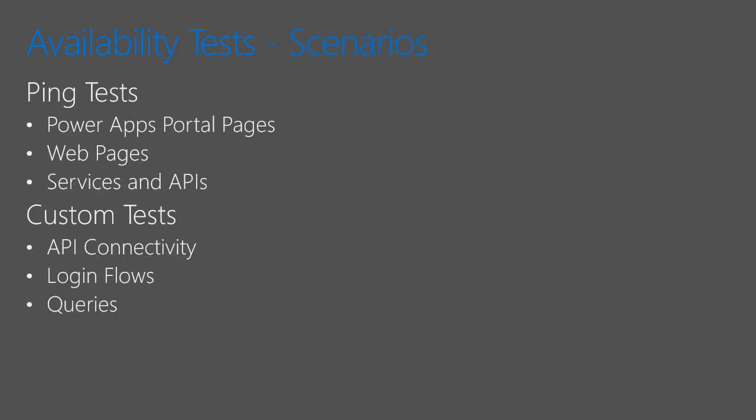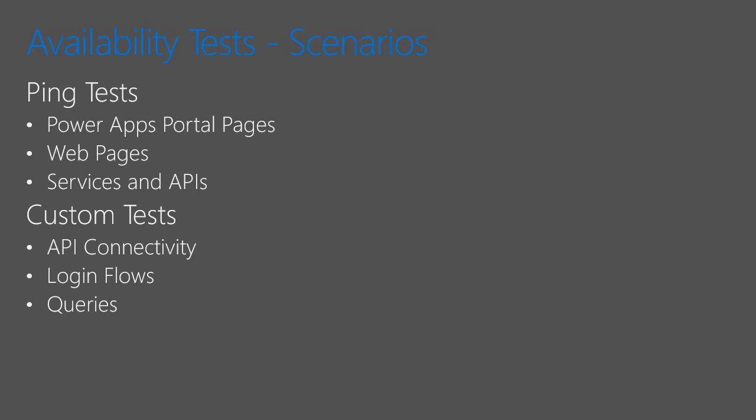So I thought it'd be fun to look at some scenarios for availability testing before we actually go deep into the setup and demos and so on, for both URL ping test and custom test. Ping test, obviously, web pages, making sure they're responsive, and what's the duration of the call, right?